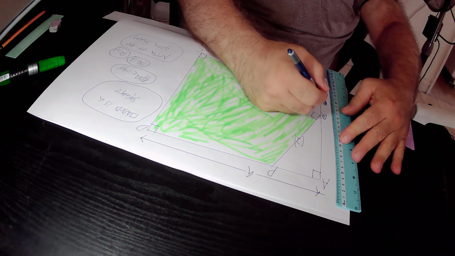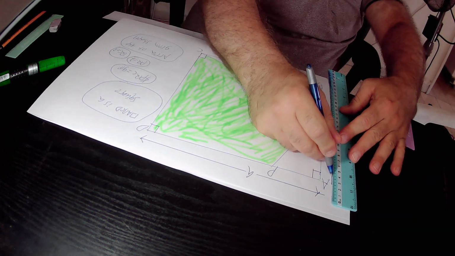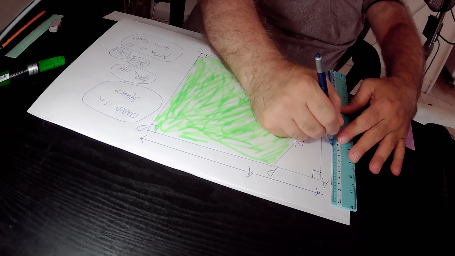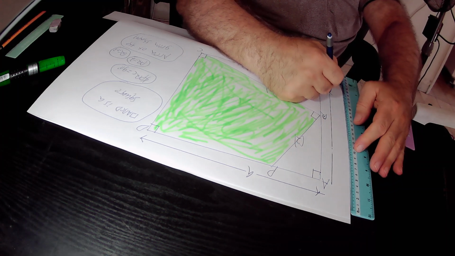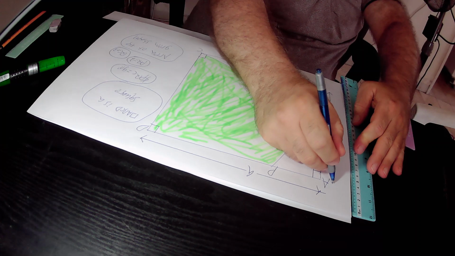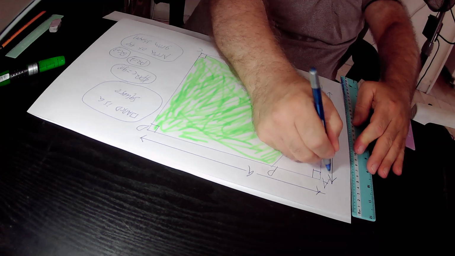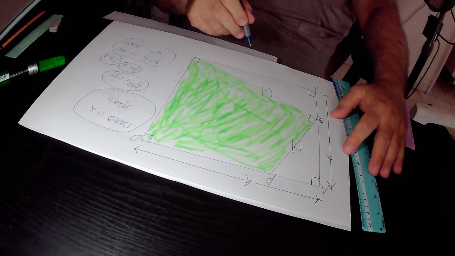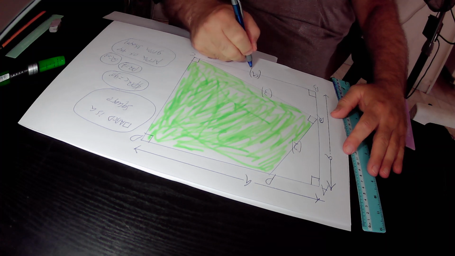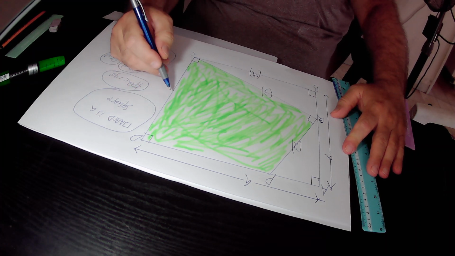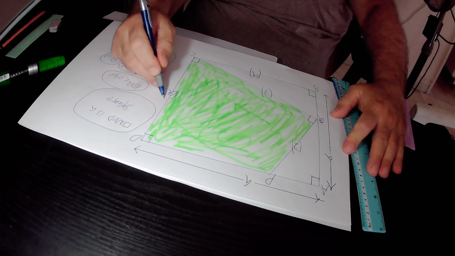This is side AB, it also equals A units in length. This is side BC, that equals A units. And this is side DC, that also equals A units in length.